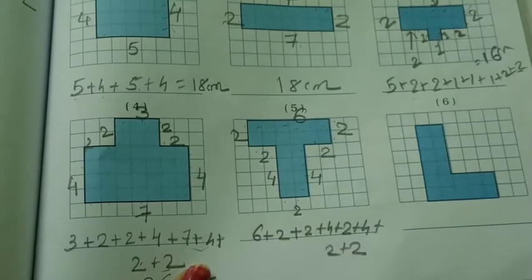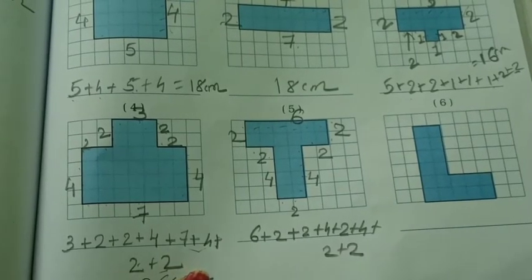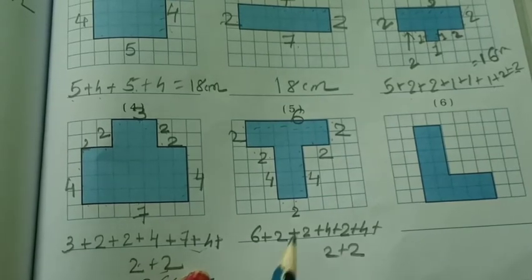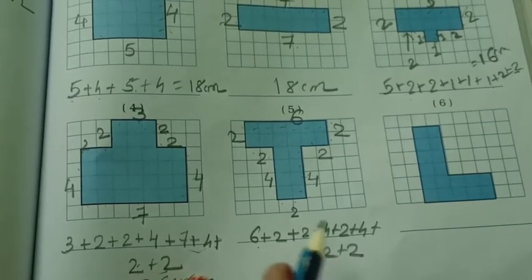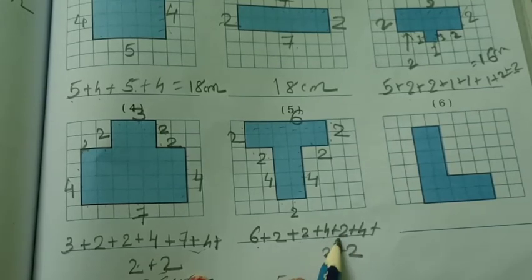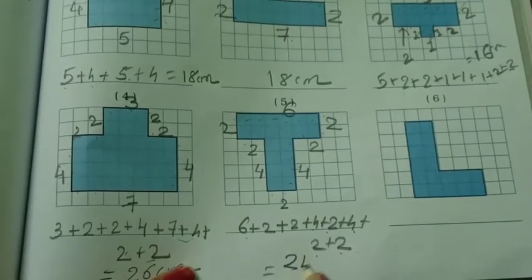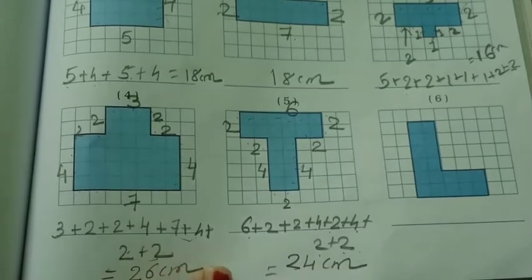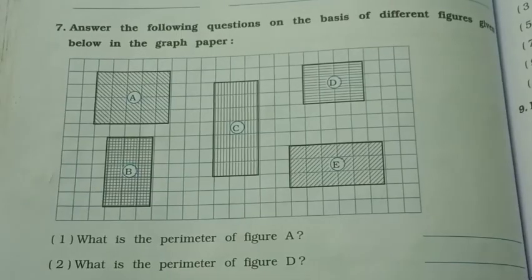Okay? Don't forget any number, otherwise your sum will be wrong. Now let's do the addition. 6, 7, 8, 9, 10, 14, 15, 16, 16 plus 4, 20, 21, 22, 23, 24. So 24 centimeter.